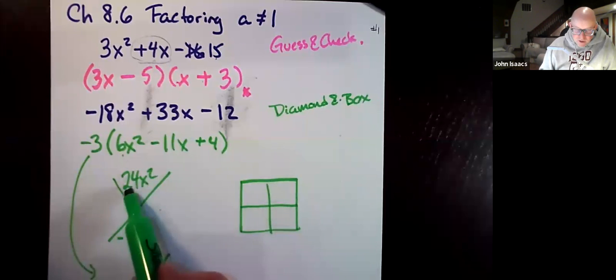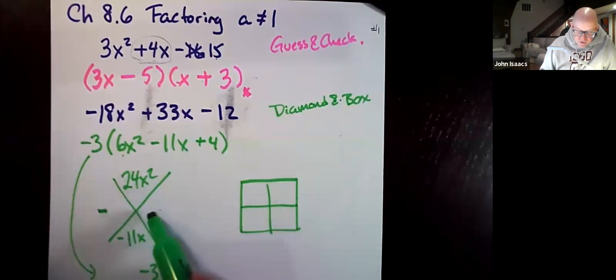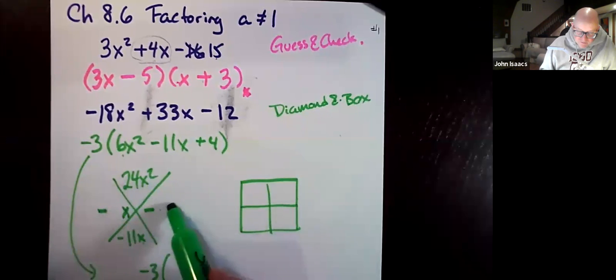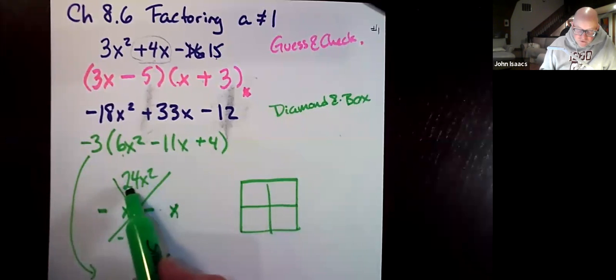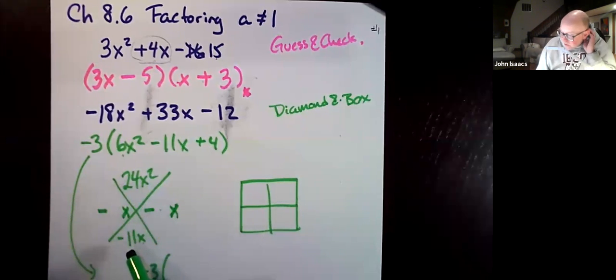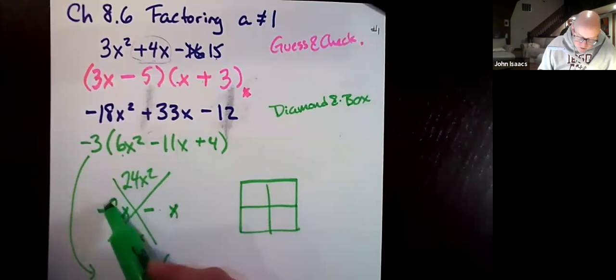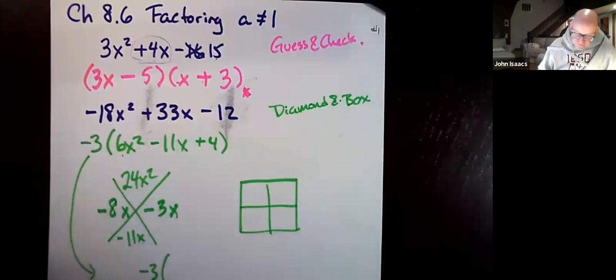So if they multiply to a positive and they add to a negative, they are both negative. If they multiply to x squared and they add to x, they both have x in them. And if they multiply to 24 and they add to 11, factors of 24 that add to 11 are going to be 8 and 3. Does not matter which order we do them in.